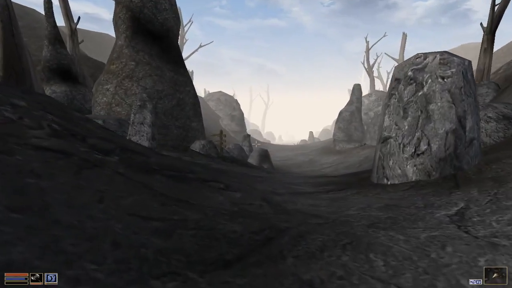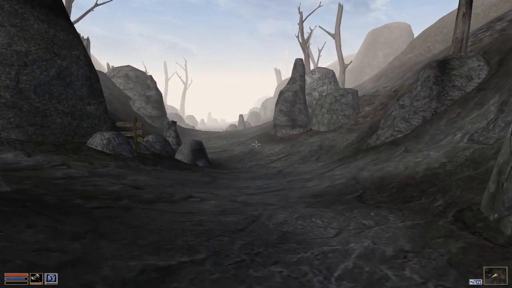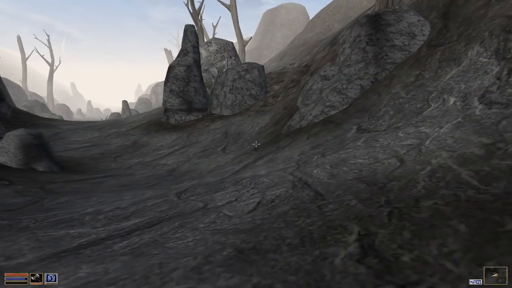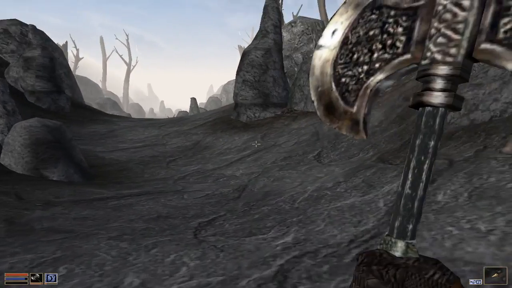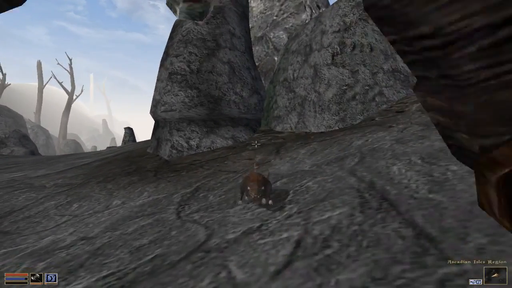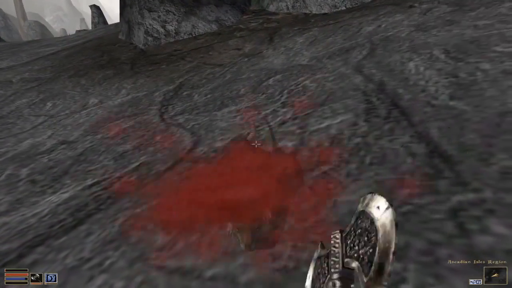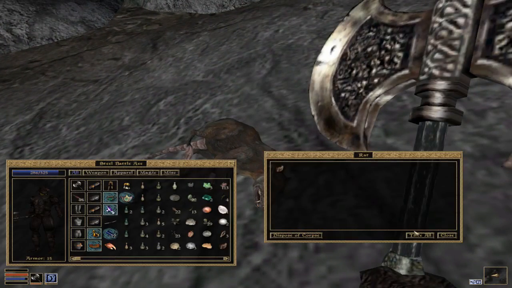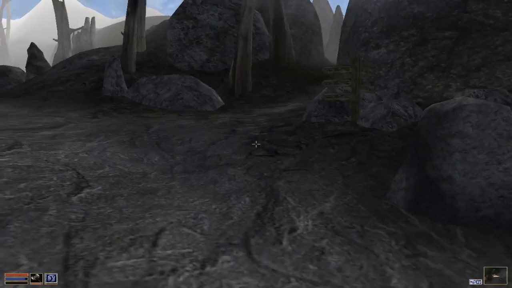It's interesting enough as a challenge to do it by myself, to visit all sites, all shrines on this path. And rat meat is always handy.